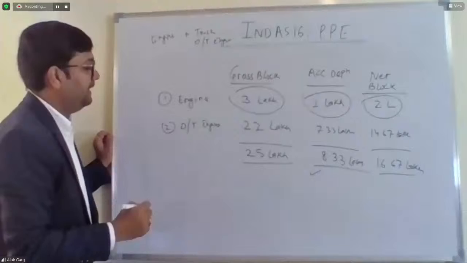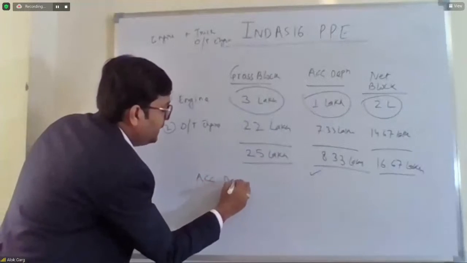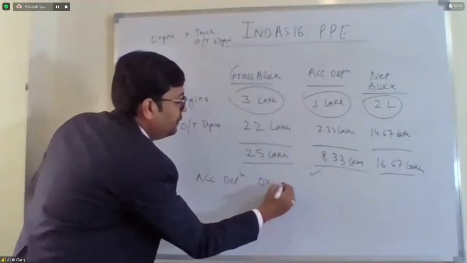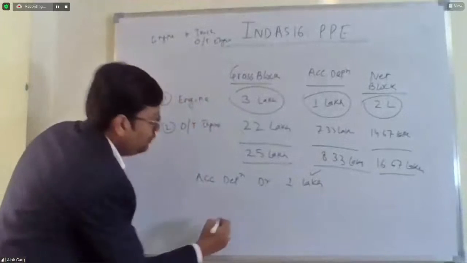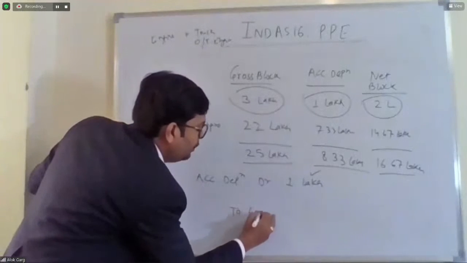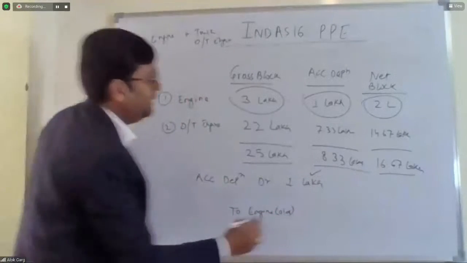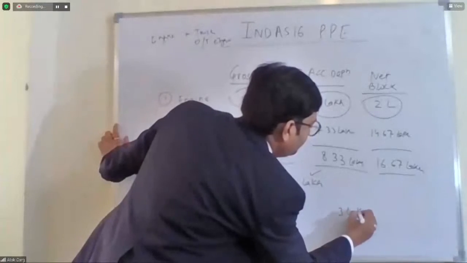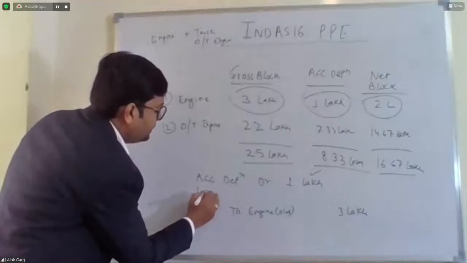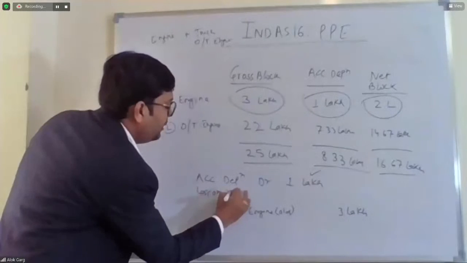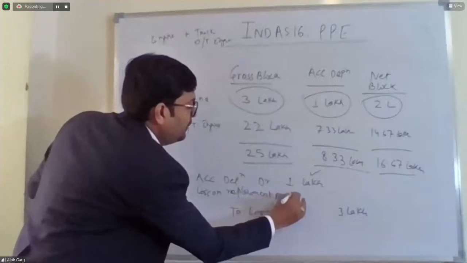We need to pass the accounting entry: accumulated depreciation debit by rupees 1 lakh, to old engine by 3 lakh, and loss on replacement debit 2 lakh rupees.